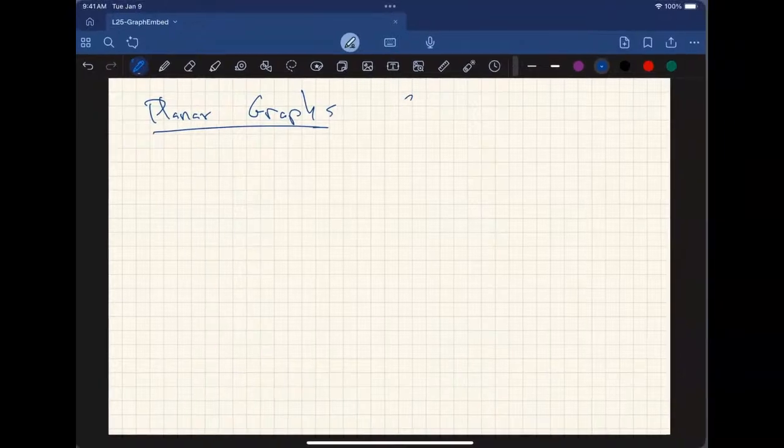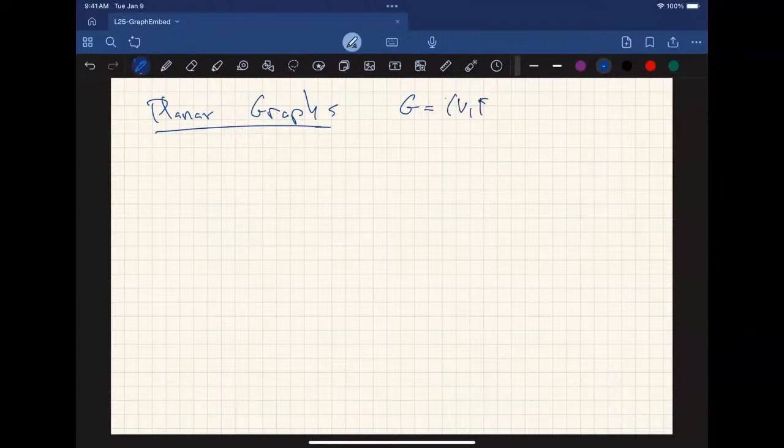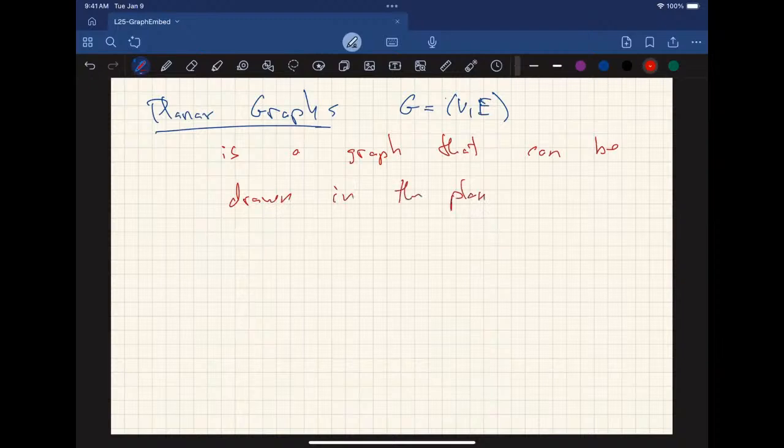A planar graph, G = (V, E), is a graph that can be drawn in the plane, this is R2, with no crossing edges.